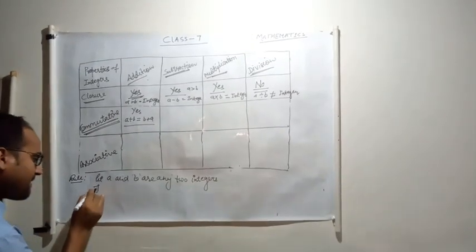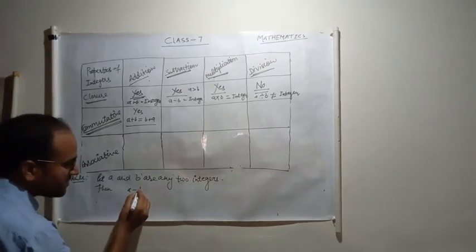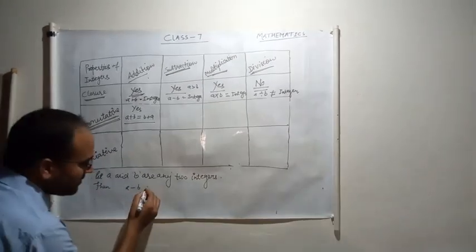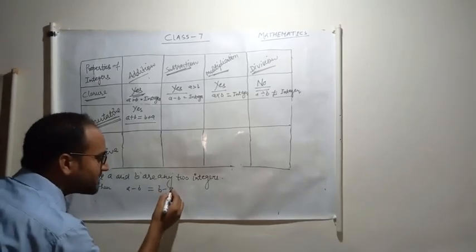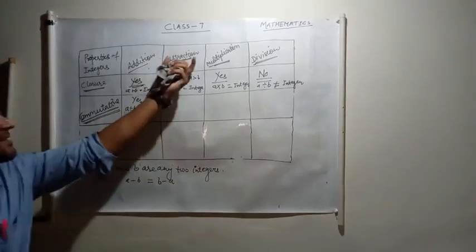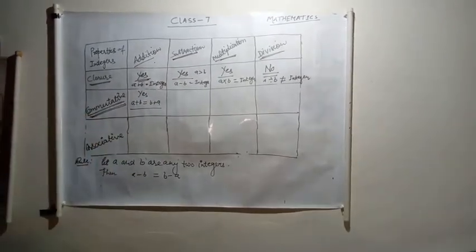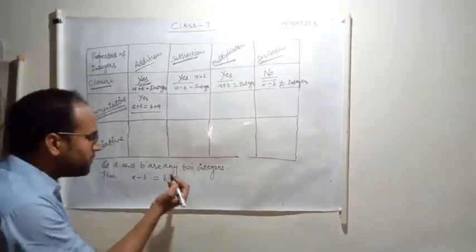If A minus B is equal to B minus A, if they follow this rule, then we can say that yes, subtraction also holds for commutative.